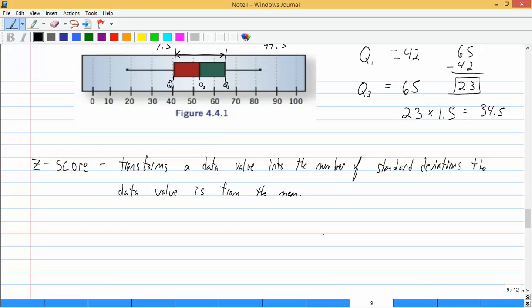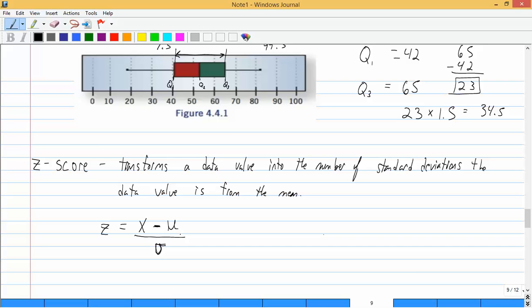The formula that we use to find a Z-score is Z equals X, the data item, minus, and this depends on whether it's a sample mean or population mean, but if it's a population mean, you'd use mu, divided by, and again this depends on whether it's a sample or a population standard deviation, but if it's a population standard deviation, you'd use sigma.